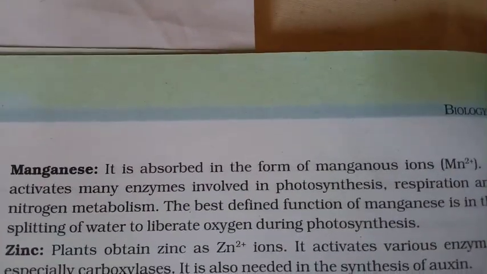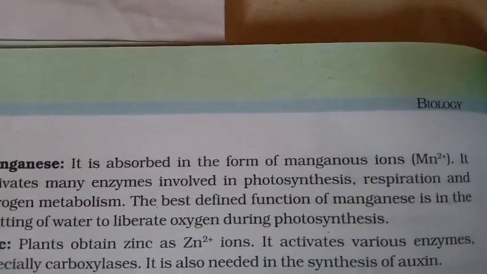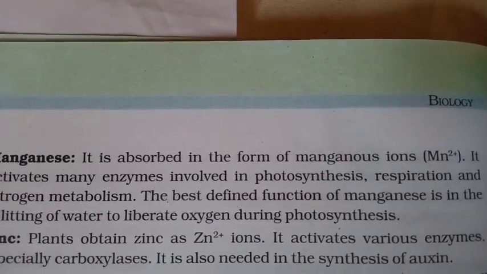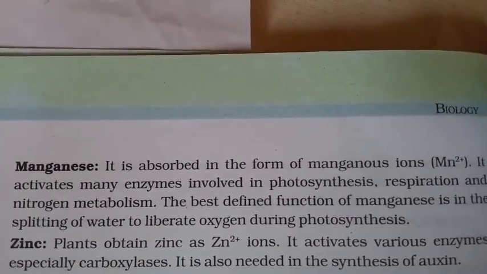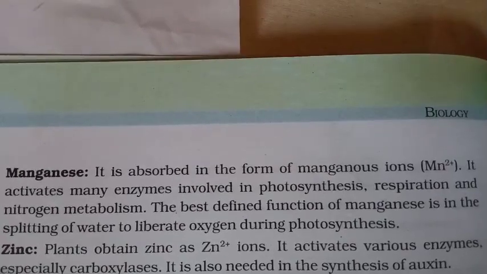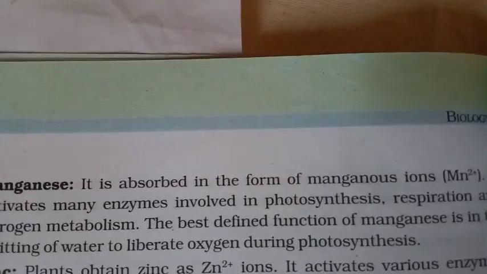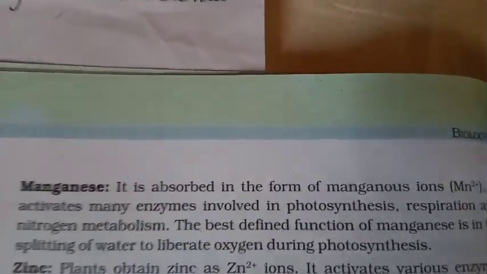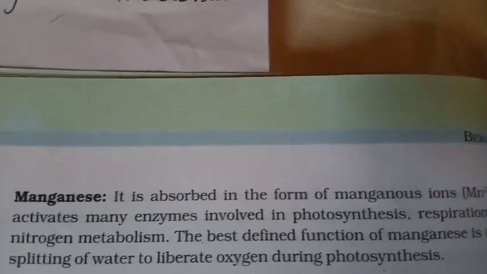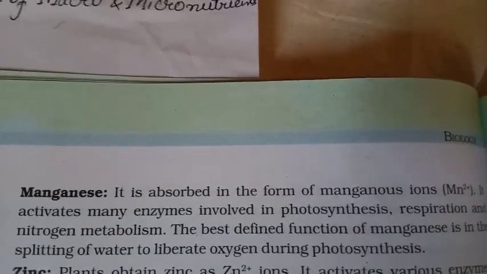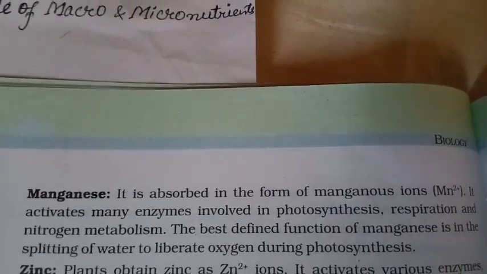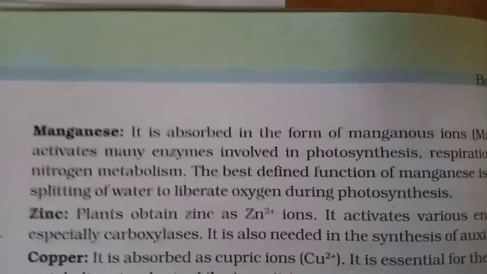The best defined function of manganese is in the splitting of water to liberate oxygen during photosynthesis. So manganese also has a vital role to play, though it is required in small proportions and is a micronutrient.